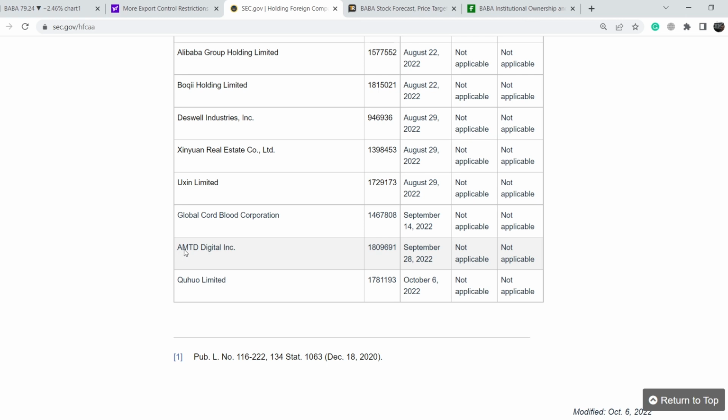Previously, as you can see, AMTD Digital was added on September 28th. And previously it was September 14th. So we have just several companies that were added. We have basically 3 companies that were added to this list during the last 2 months.